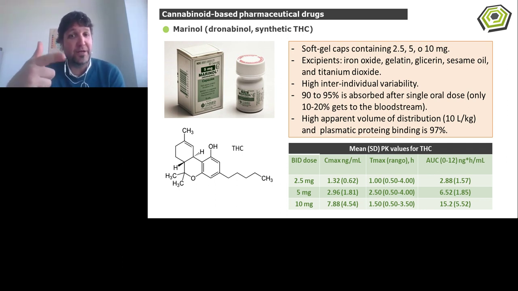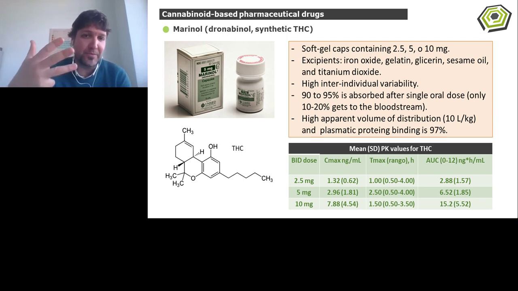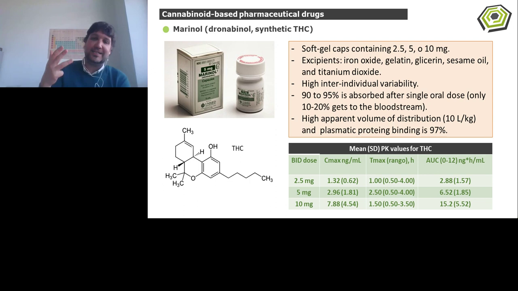So 90 to 95% is absorbed, but only 10 to 20% gets to the bloodstream. And it has a high apparent volume of distribution with high plasma protein binding. What this means is that THC doesn't like to be in water. It likes to bind either to protein or to fatty tissue, such as the brain or your adipose tissue.